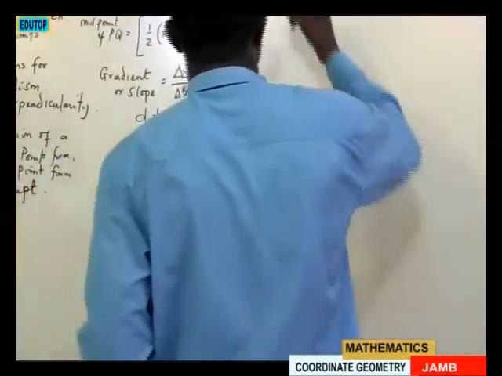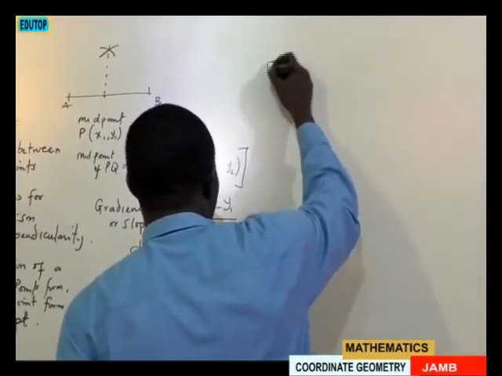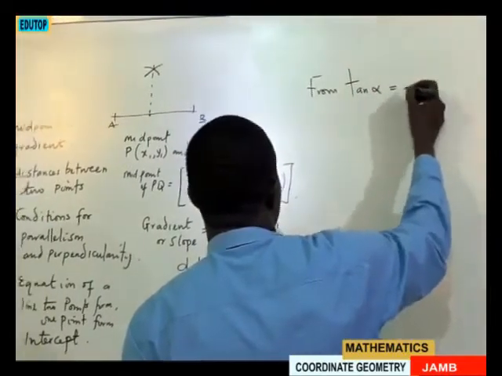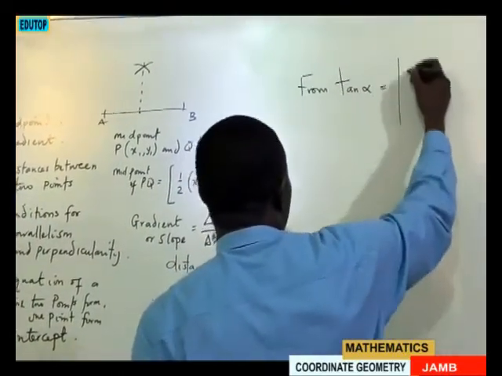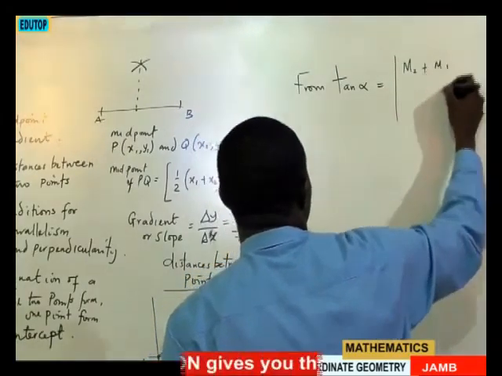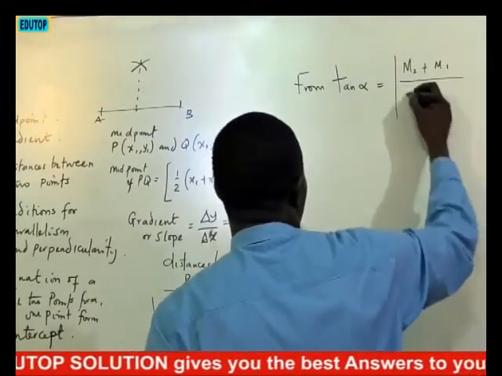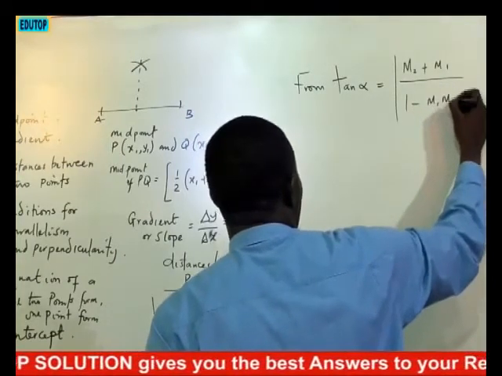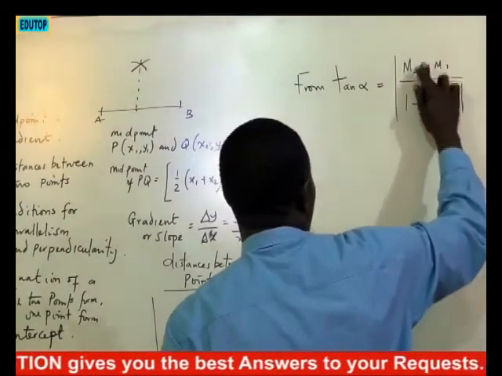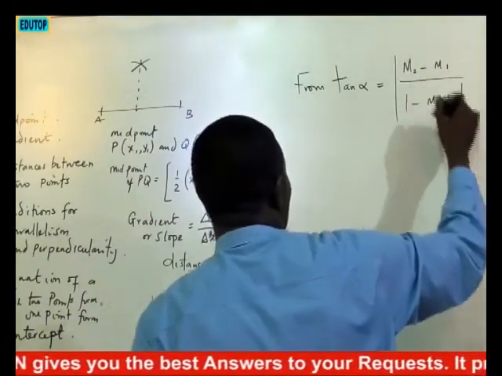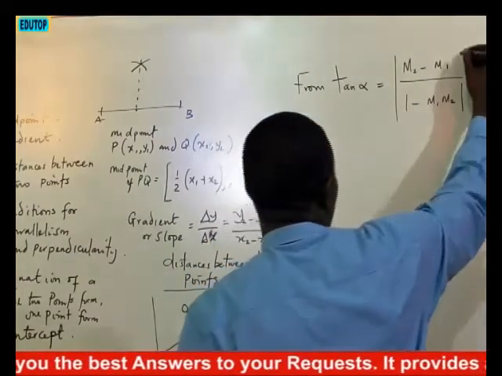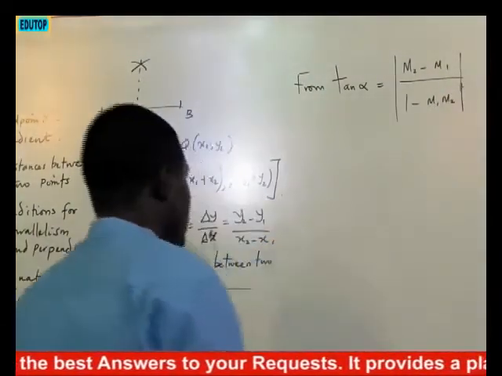Then the conditions for parallelism and perpendicularity. In this situation, from tan alpha, which is usually the absolute value of m2 minus m1 over 1 plus m1 m2, we have a scenario like this.